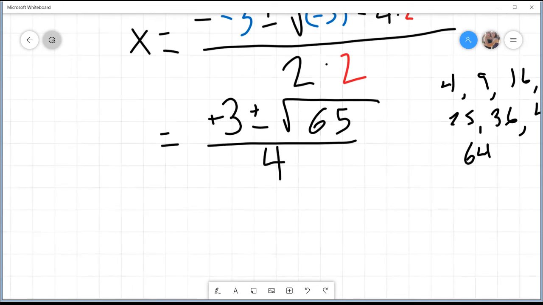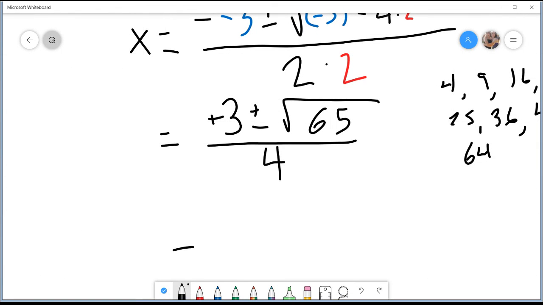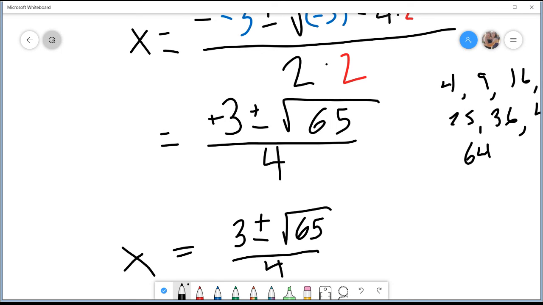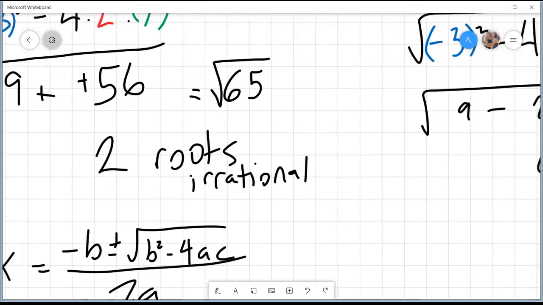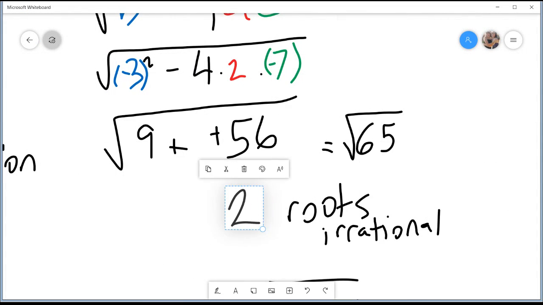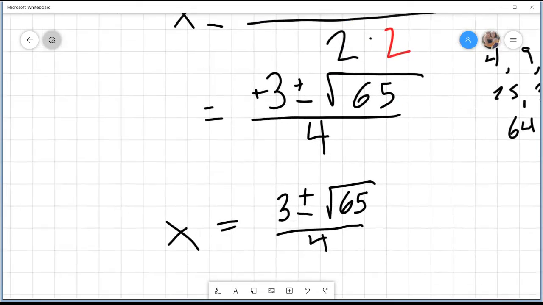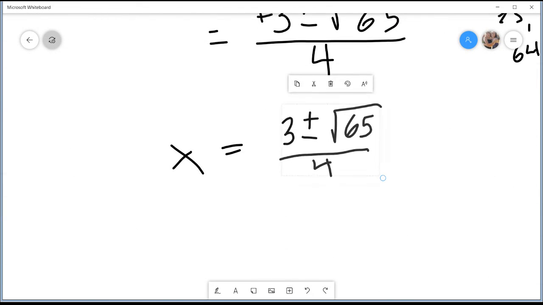We're going to write our answer then. It's going to look weird. It's 3 plus or minus the square root of 65 divided by 4. That's what x equals. Now, you may be saying, wait a second. We're supposed to get 2 roots. How come our answer only has one thing?